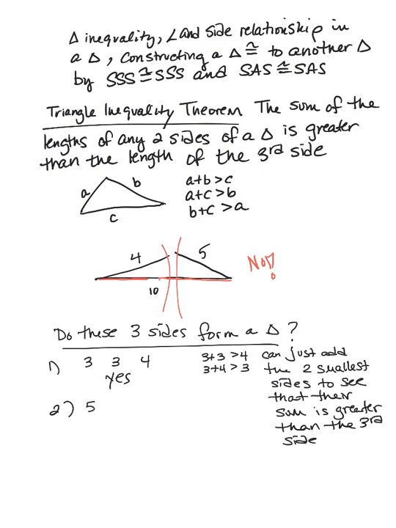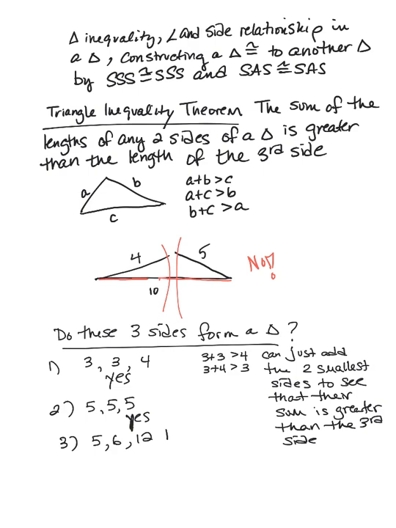Number 2, 5, 5, 5. Anytime you have an equilateral triangle, the answer will always be yes. You don't even have to check it because 5 plus itself is always greater than 5, guys. 5, 6, 12. What's that answer?